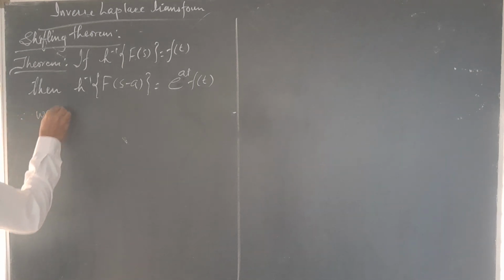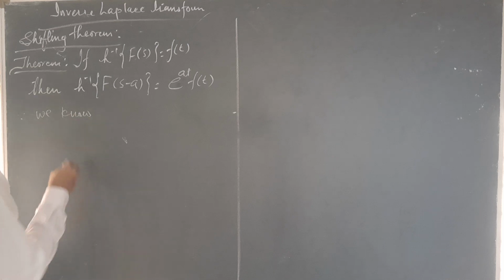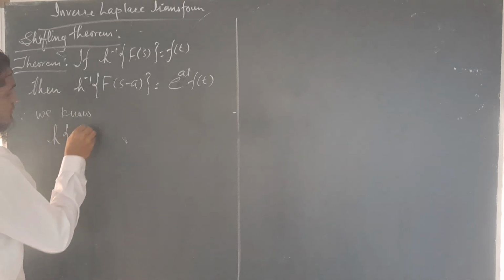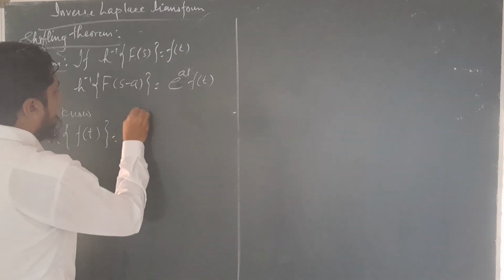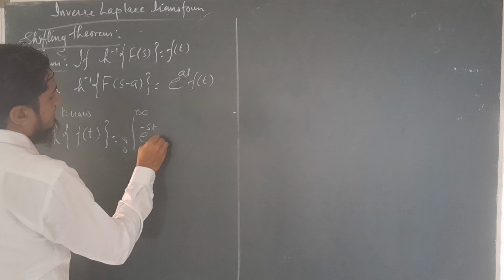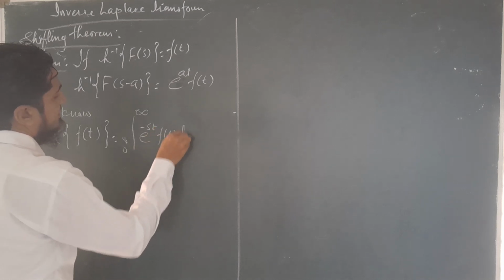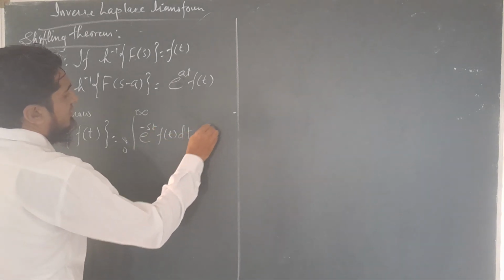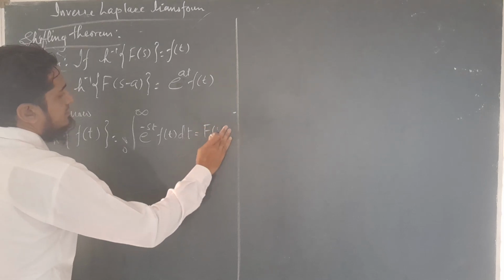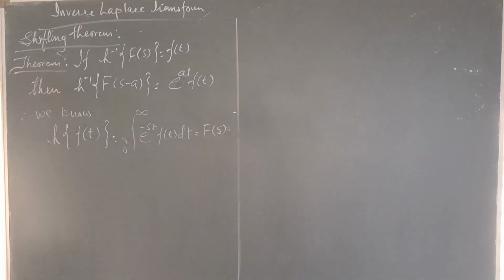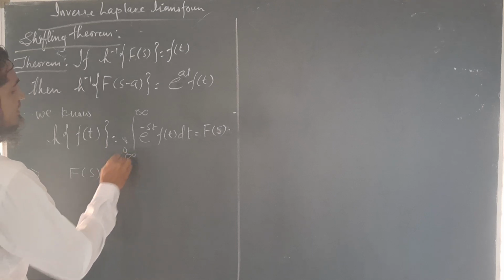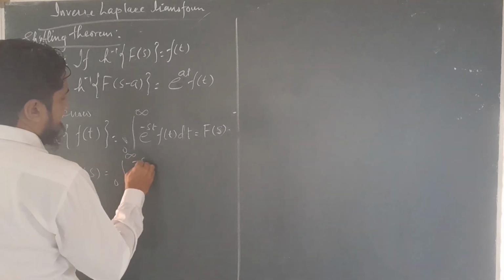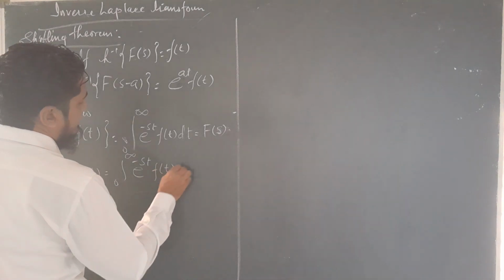Since we know Laplace transform of f(t) is equal to integration from 0 to infinity e raised to minus st f(t) dt, and it is equal to F(s). Correct? Or we can say that F(s) is equal to integration from 0 to infinity e raised to minus st f(t) dt.